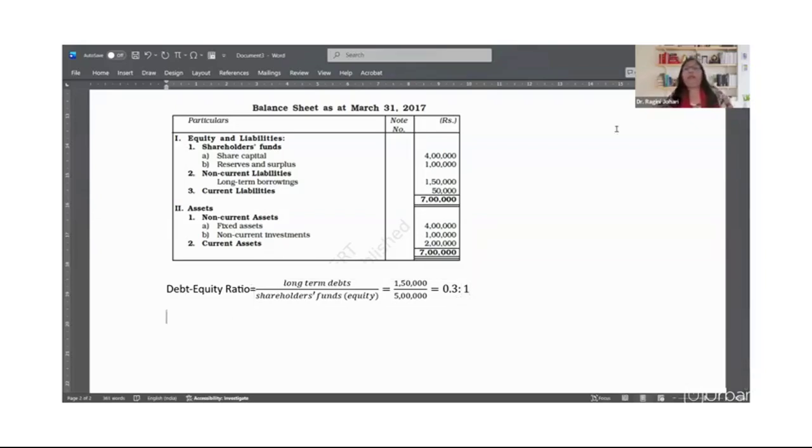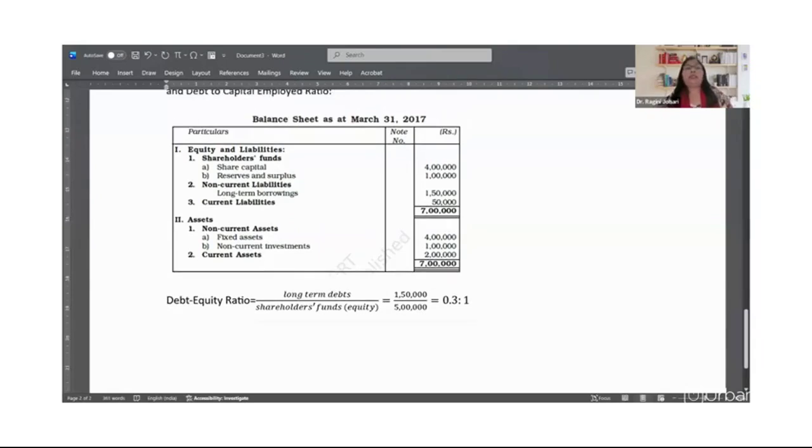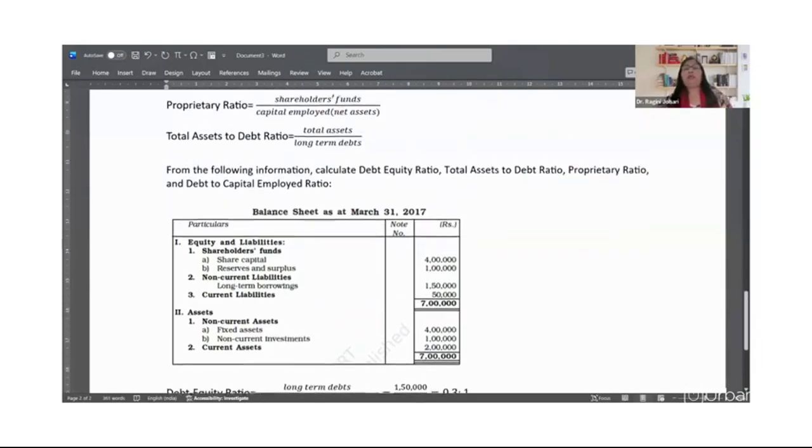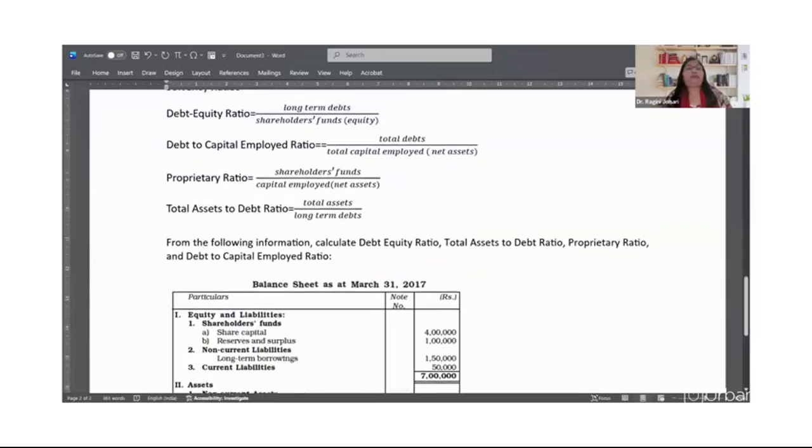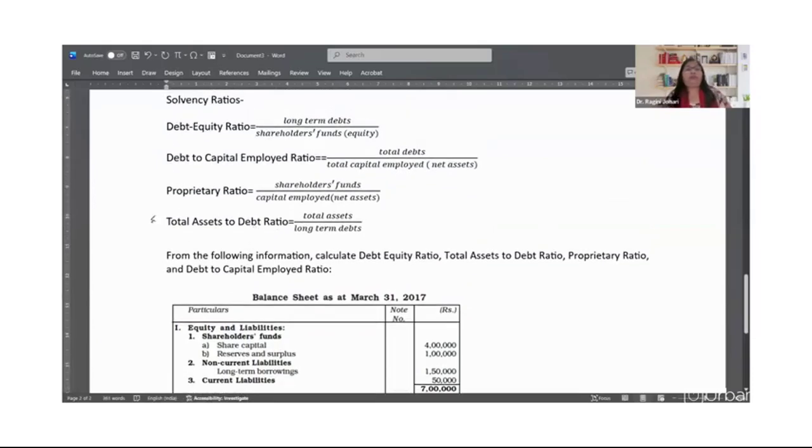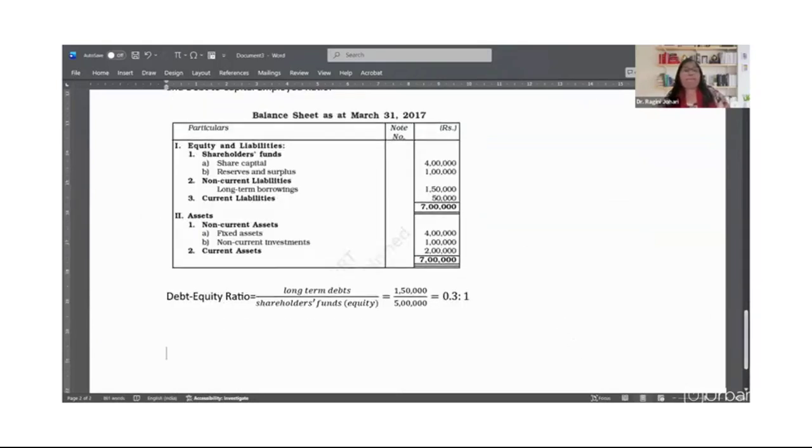Then let us see which is the next ratio. We have to calculate the total asset to debt ratio. Let us see what is the value of total asset given to us here. The total asset value is 7 lakh, already given here.